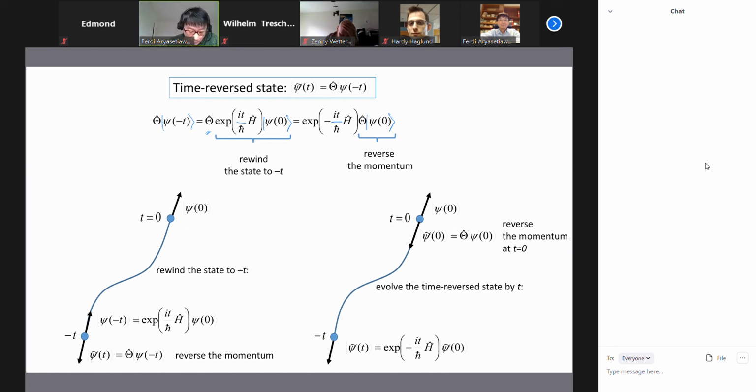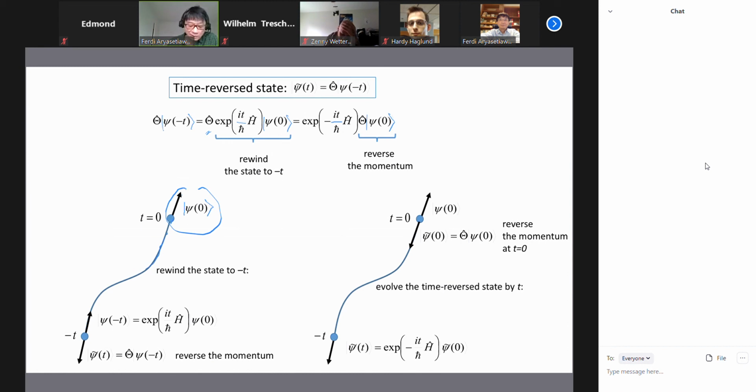Here we have a state at time t equals 0, psi of 0, and then we operate on that state with this time development operator that corresponds to minus t. That would be like rewinding the state from 0 to minus t. So we go from this state all the way back to minus t.